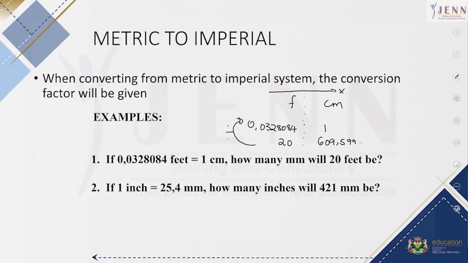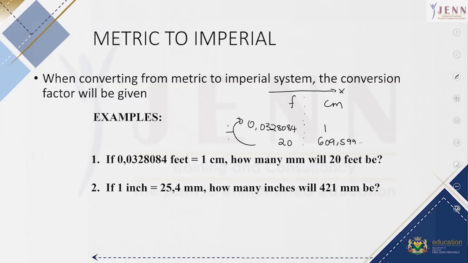Now we go to number 2. Number 2 is about converting inches to millimeters. The question is, if 1 inch is equal to 25.4 millimeters, how many inches will 421 be?